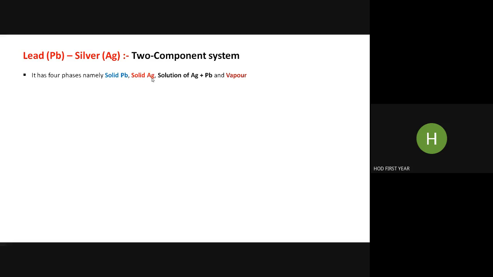Then solid Ag. Then solution of Ag and Pb, because when we heat the mixture above their melting point, we get a solution of Ag and Pb. That is the third phase. And the fourth phase is the vapor phase. These are the four possible phases when we prepare a lead silver alloy.